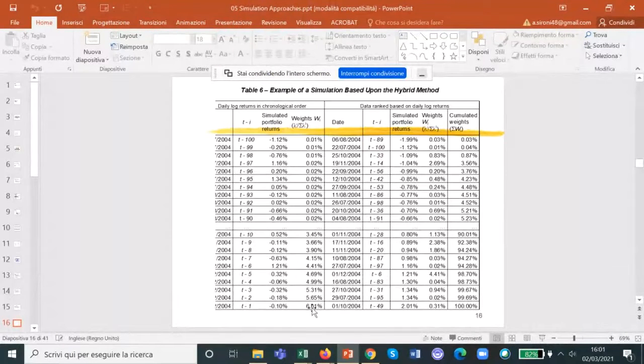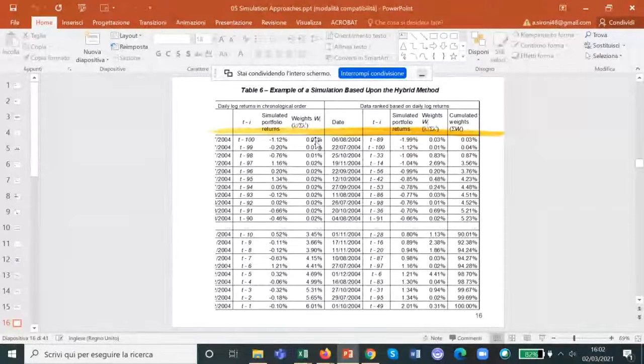The very last one has a very high weight compared to the first. So the most recent one has a high weight, 6%, compared to the one very far in the past, which has a weight of only 0.01%. These are chronologically ordered.